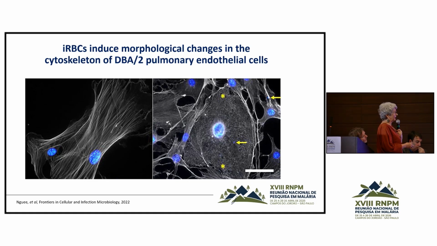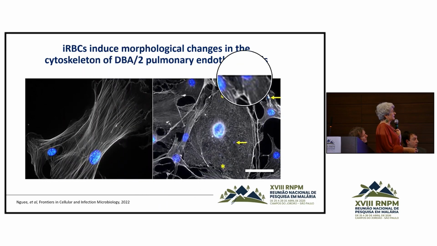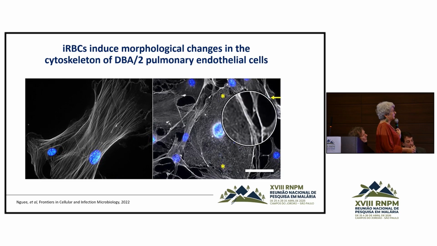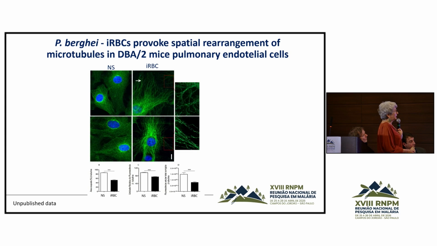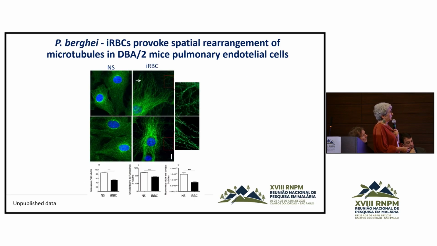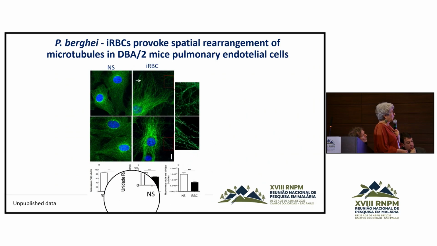So from isolated endothelial cells from mice lungs, some non-stimulated, and here we have the ones stimulated with infected red blood cells, we observed the structure of the cytoskeleton of these cells and an increase of intercellular spaces. And we also observed this change in the microtubes when we stimulate with infected red blood cells.